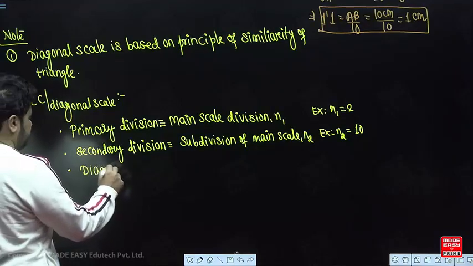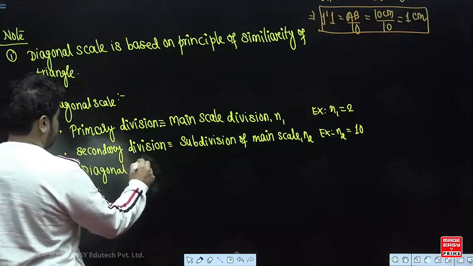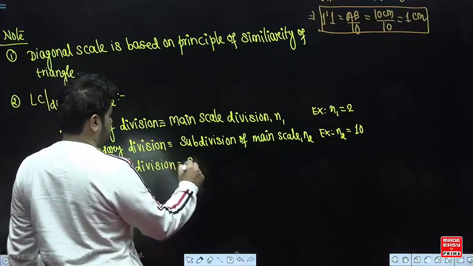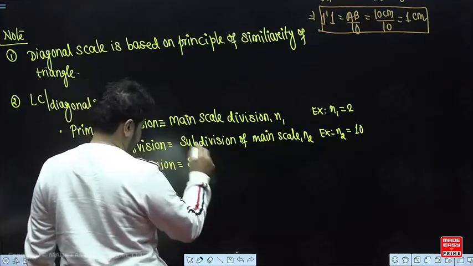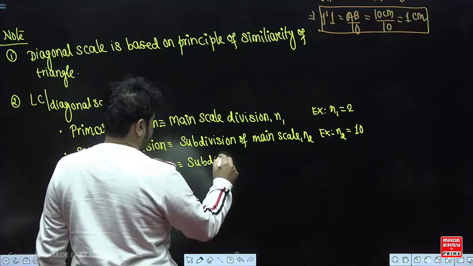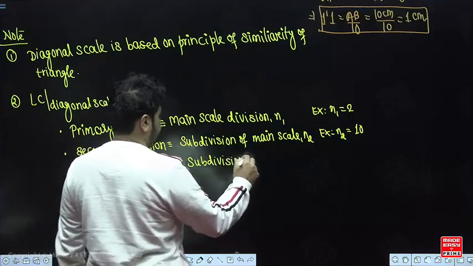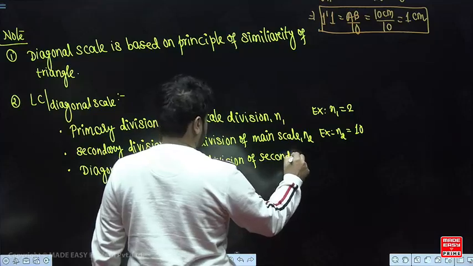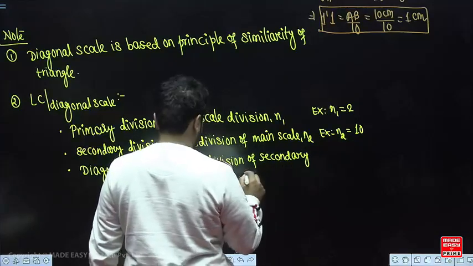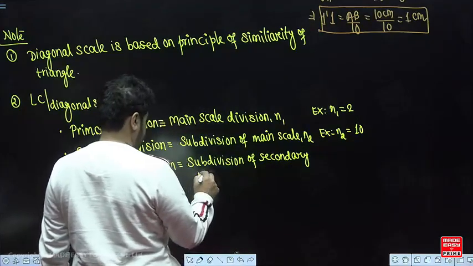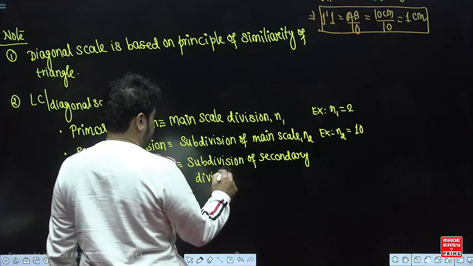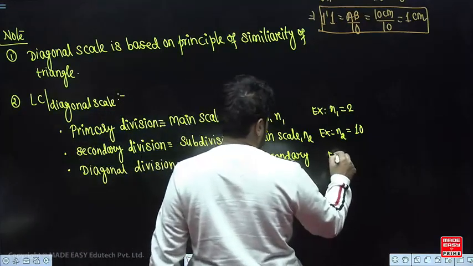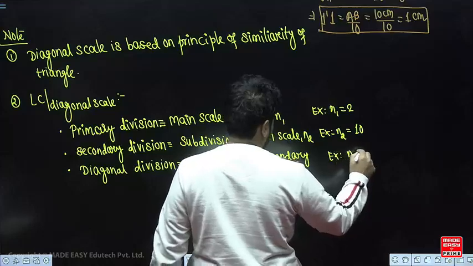Similarly, we have diagonal division. What is your diagonal division? Diagonal division means it is your subdivision of the secondary division, and it is denoted by N3. As an example, what is the value of N3?